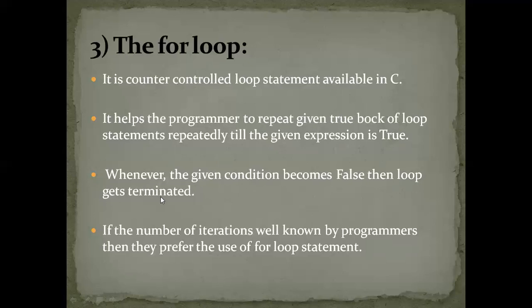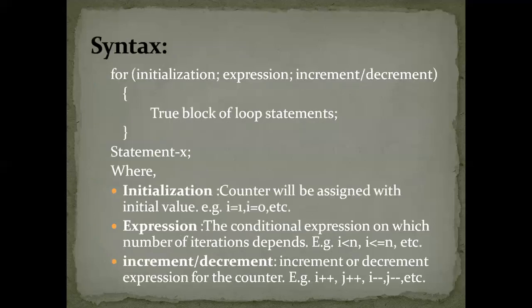So this is similar to the previous two looping statements. If the number of iterations is well known by the programmer, then we prefer the use of which loop statement? The for loop. We'll see the syntax. Pay attention: the syntax for the for loop is initialization, expression, increment or decrement.